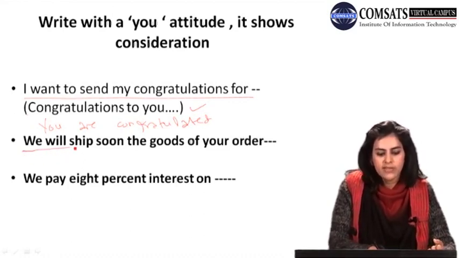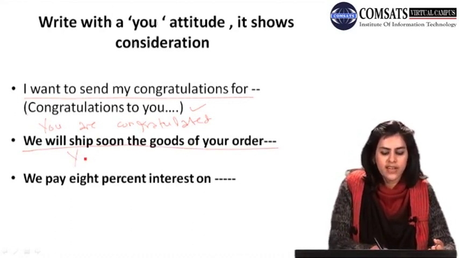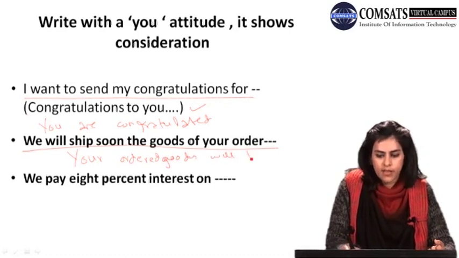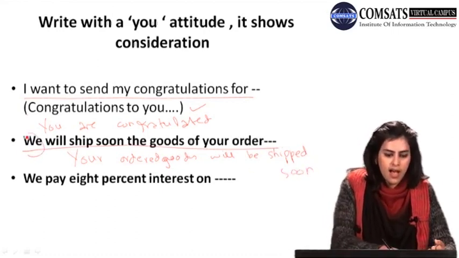So instead of writing "We will ship soon the goods for your order," we would say otherwise: "Your order will be shipped soon." So "you" is important, then "we" and "I." Cross them out. "We pay 8% interest on."